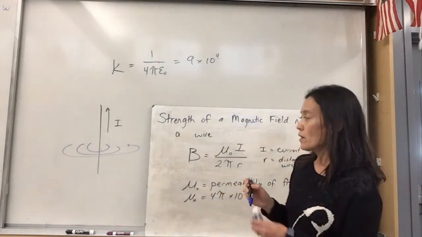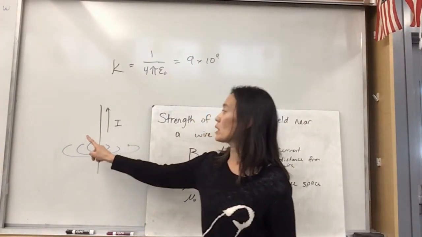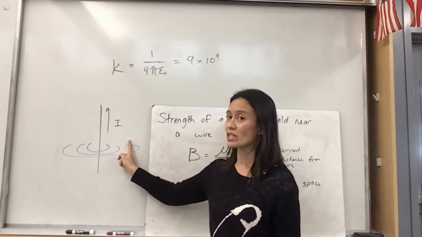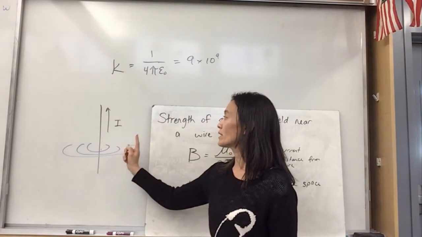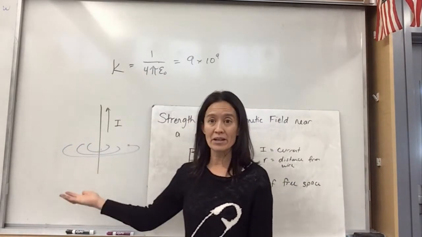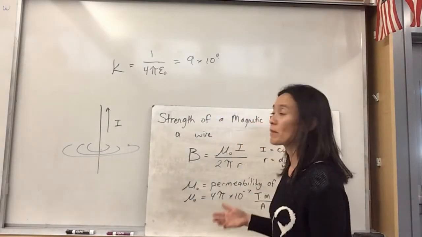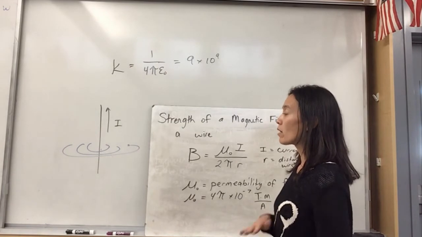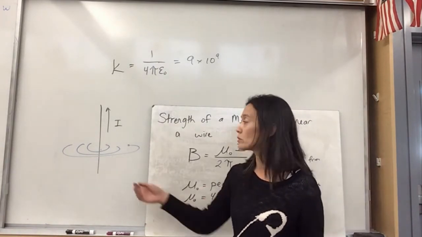The question becomes, technically that magnetic field line is coming out and then going in, and then coming out and going back in. Is it coming out in this direction or in this direction? Because the direction of that magnetic field matters, since it's going to affect the magnetic force that we'll see.